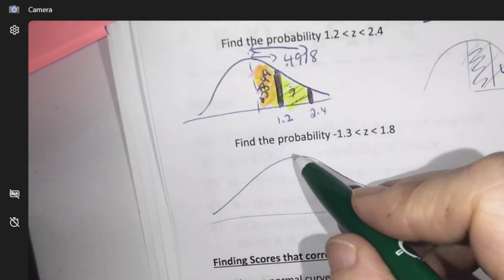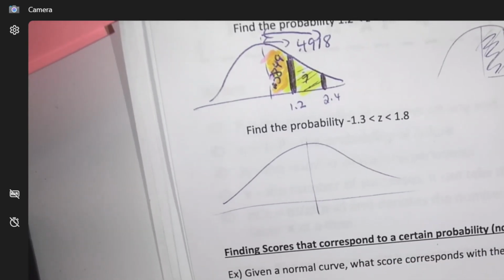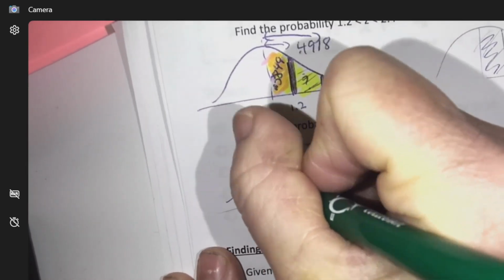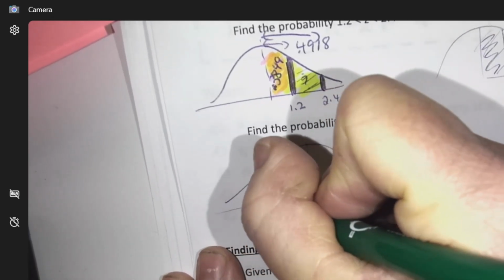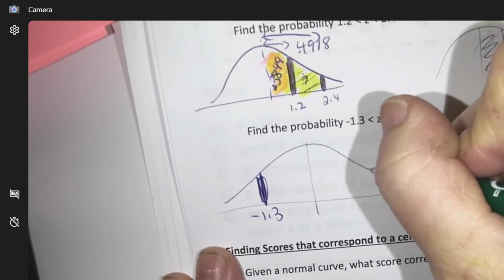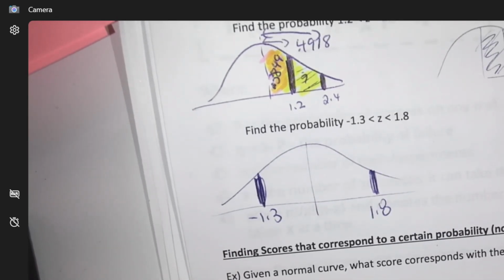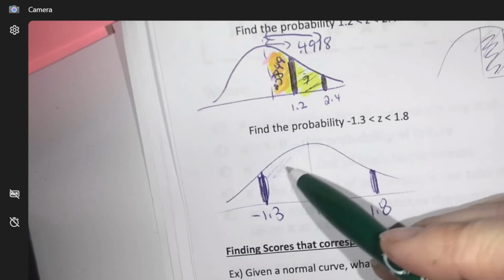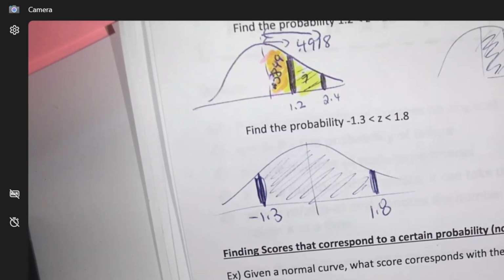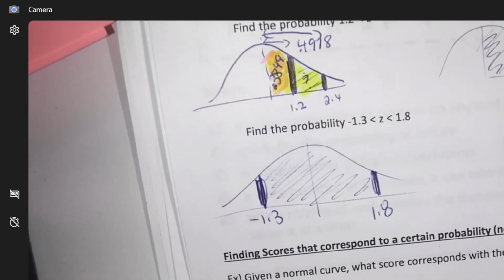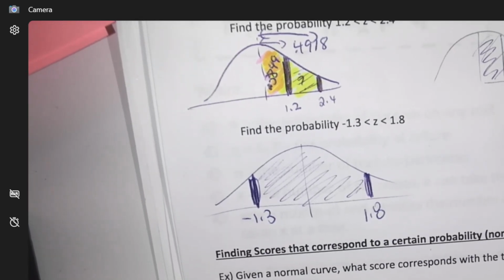Okay, so this one says negative 1.3. So I want to know the percent between those two numbers. So you're going to look up 1.3.